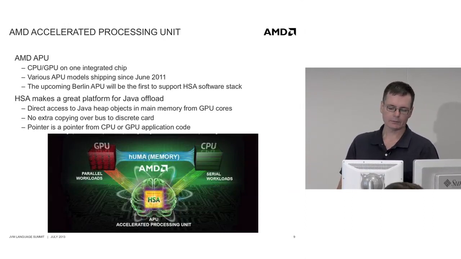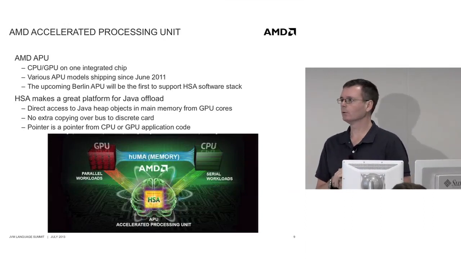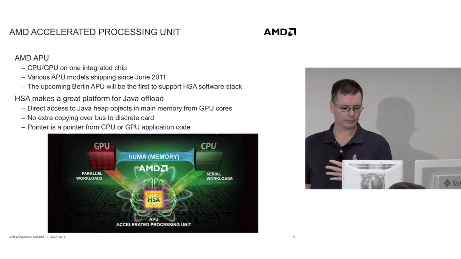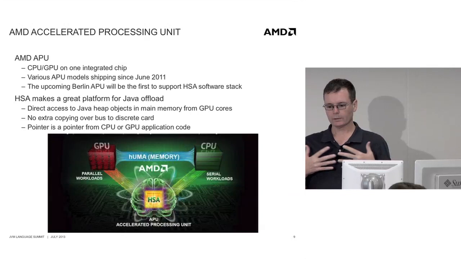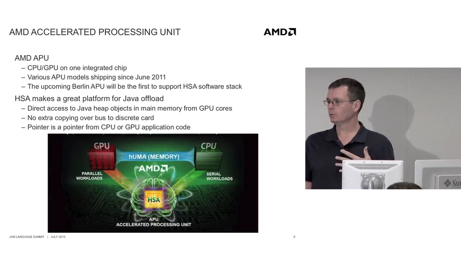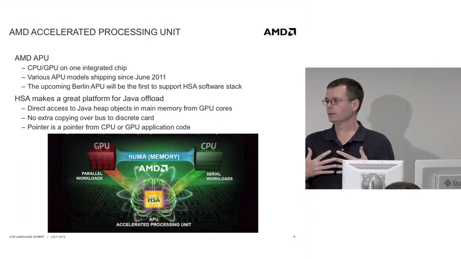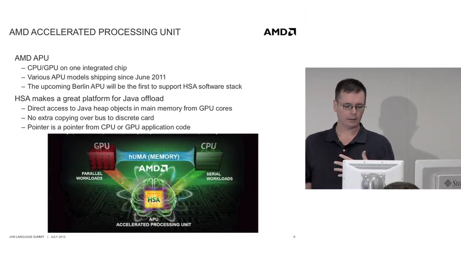And HSA, we think, is going to be a great platform for Java offload because of this pointer as a pointer concept, and there's no copying over a bus. So whatever you can offload to run on the GPU, you don't have to worry about copying, you just have to worry about having the right kind of algorithm. And it really lowers the bar for what algorithms would benefit by offloading.